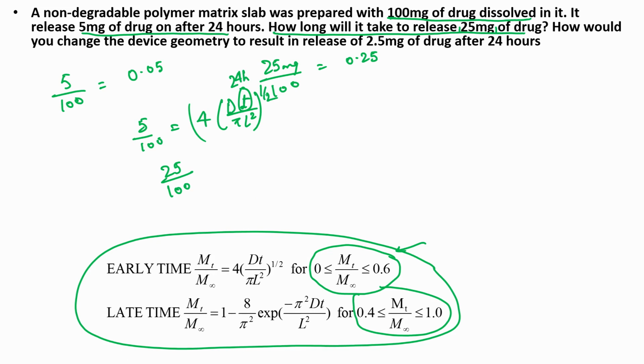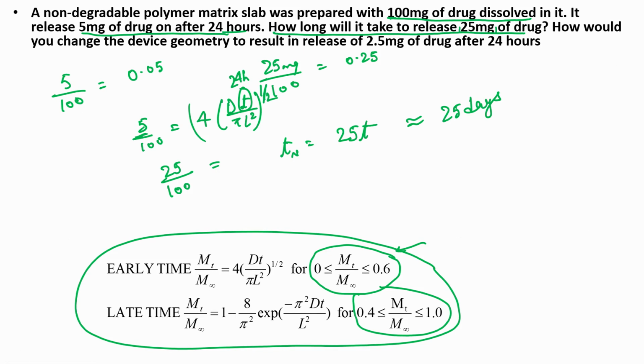Then the t, since it is in square root, will have to increase 25 times. So, this will basically mean that the new t would be 25 times the original t, because 25 is going to get square root to 5 and then it is going to become 25 here. Since it is 24 hours for 5 milligrams, it will take about 25 days for 25 milligram.